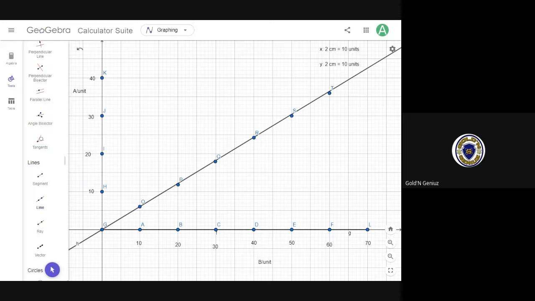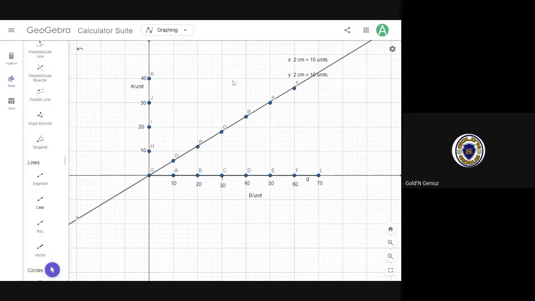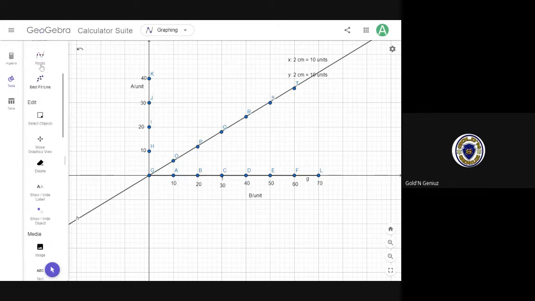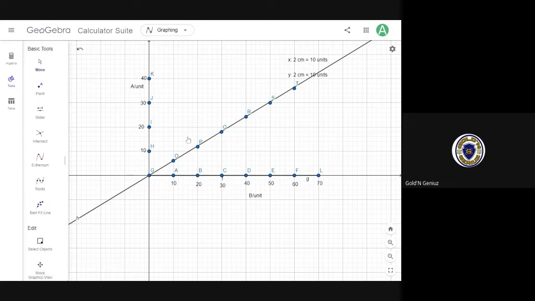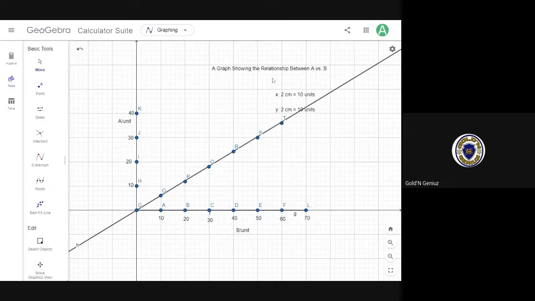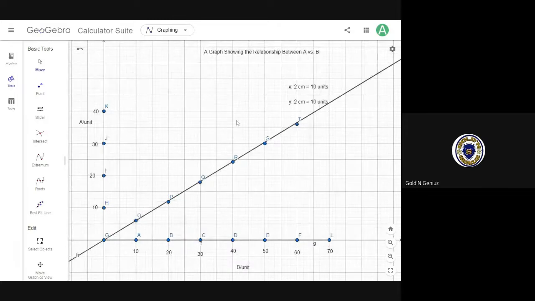So let's see that. First, we want to ensure that our graph has its title. I'm not sure if I lost the title. I'm not seeing the title here, but yes, we see it here. The title is there. All right. So our graph has a title, and then each axis is labeled.